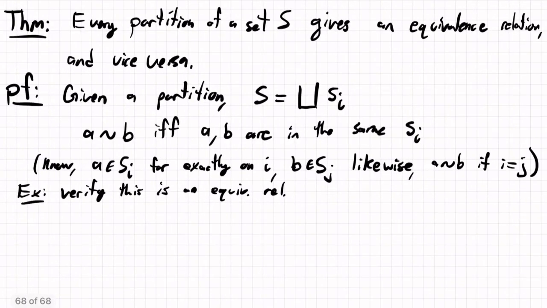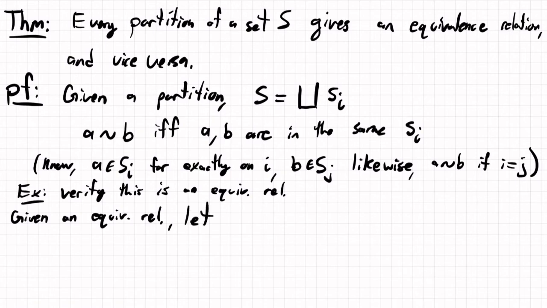Okay, so now the other half of the proof. The other half will go: given an equivalence relation, so now we have the tilde, the equivalence relation, we need to construct a partition.